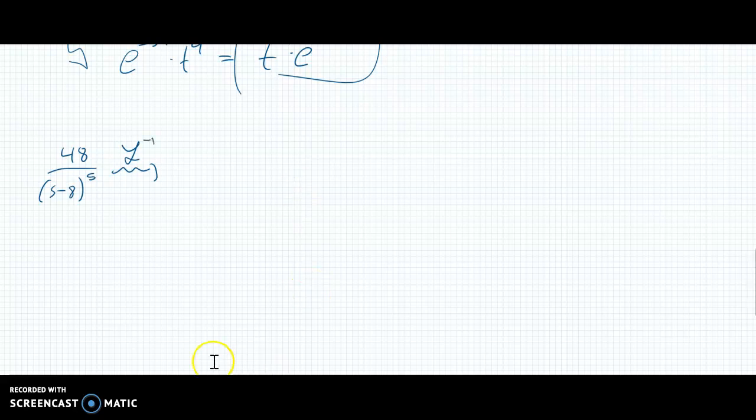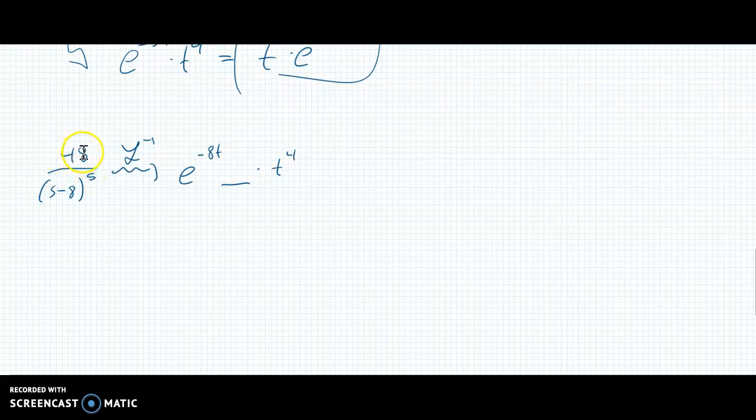I'm going to look at the shift part first. That's clearly an e to the 8t. Next, I'm not even going to look at the 48. I'm going to look at the 5. So what does the 5 tell me? And I'm going to leave a gap there. The 5 tells me it is t to the fourth, just like the previous one.